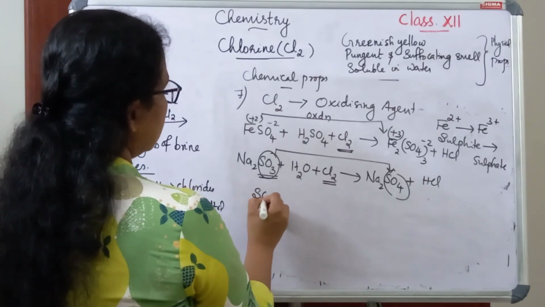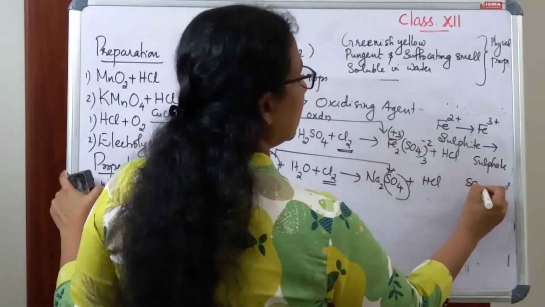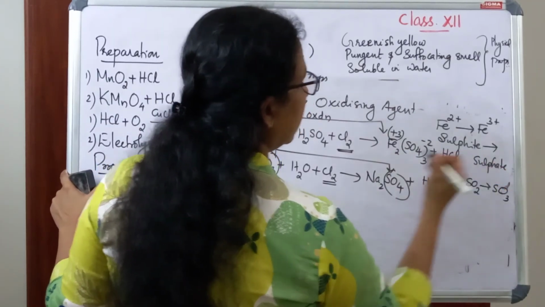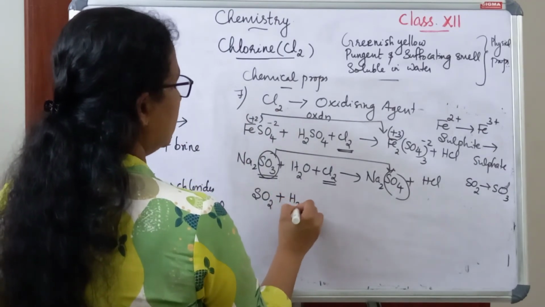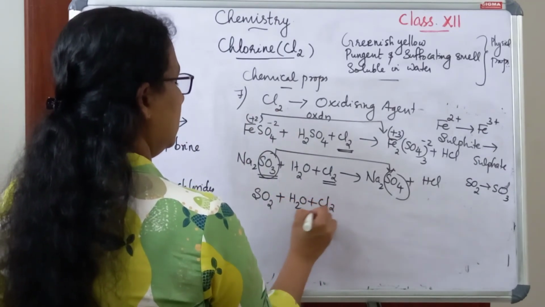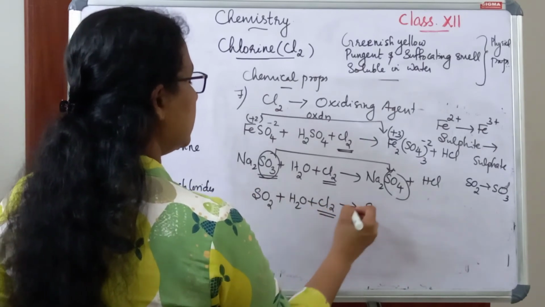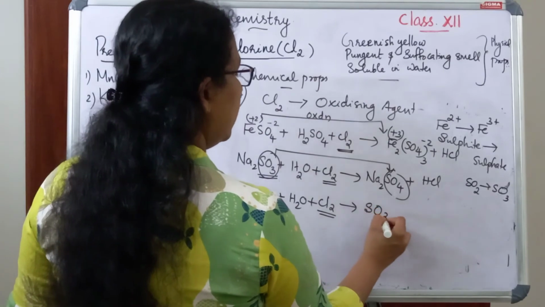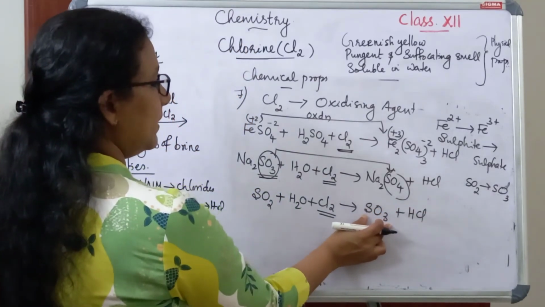Now the next reaction is SO2. SO2 changes to SO3. So here SO2 plus H2O plus Cl2. Here also Cl2 will act as an oxidizing agent. It produces SO3 plus HCl. So we are expecting SO3 plus HCl.